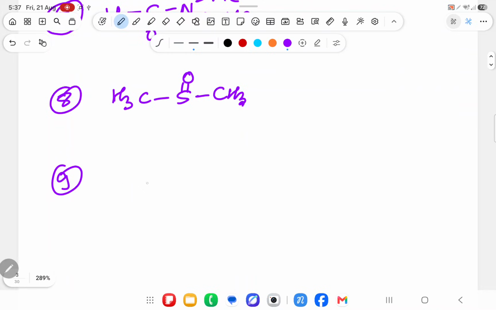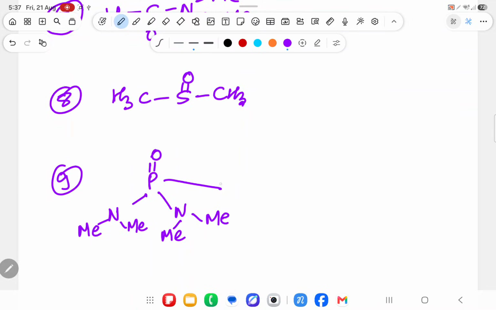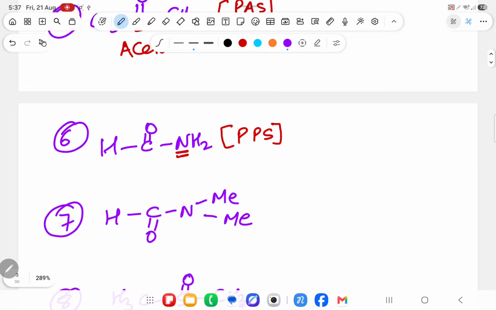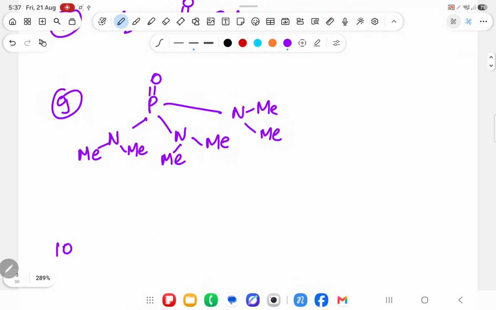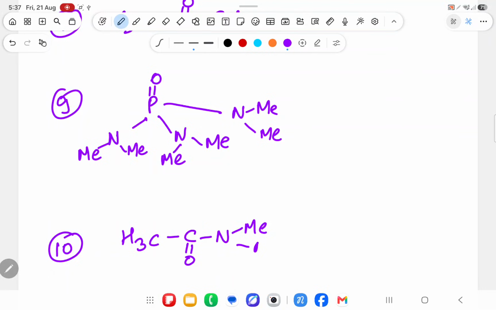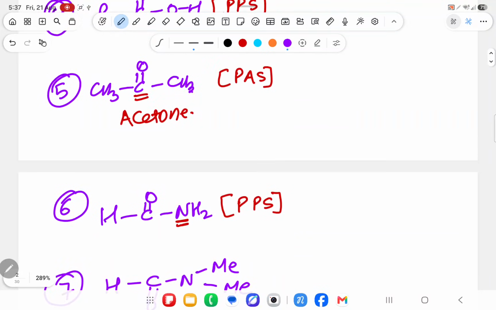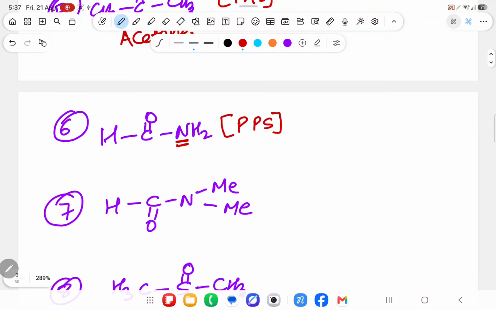Next one, P double bond O with three N(Me)(Me) groups. Now, if I ask, tell me. One more I will write, the tenth one, the last example, H3C C double bond O N(Me)(Me). Now I will ask, tell me, is this one polar protic or aprotic?